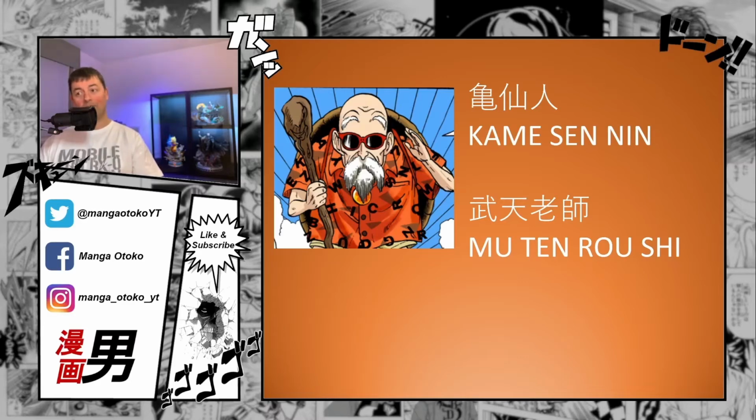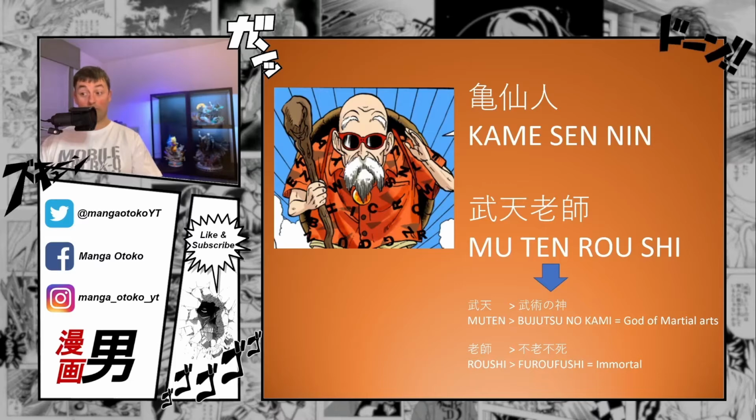So I did some digging, and some Japanese sites seem to think, since the original Dragon Ball manga was heavily inspired by the Chinese folklore tale of Saiyuki, that we need to look at the Chinese signification of these kanji. And if we do that, then we learn that Mutten would translate into Japanese as Bujutsu, so martial techniques, martial arts, no Kami, so the god of martial arts.